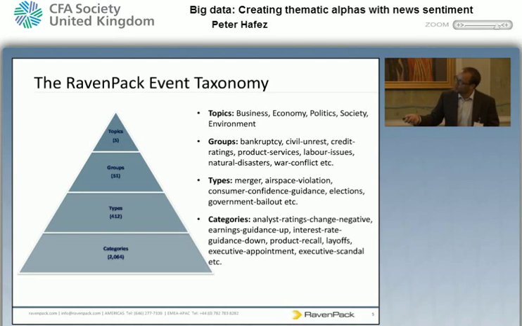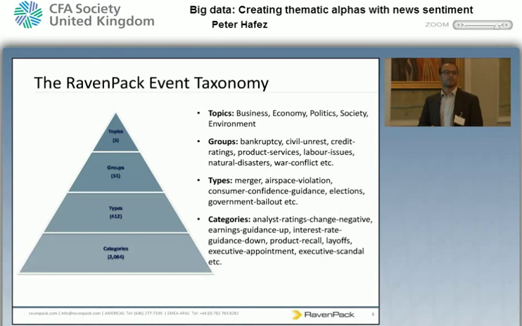And at the very bottom, that's where you have the more than 2,000 different types of event categories. And that's anything from analyst ratings changes, negative, positive, and so on. For instance, in our M&A category, we have more than 60 different event categories.